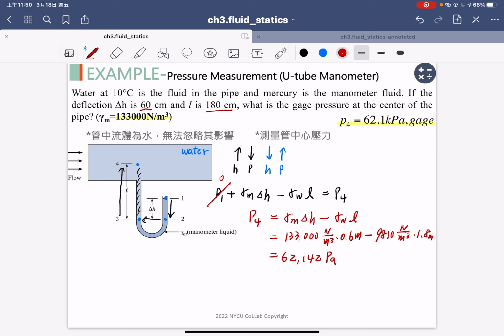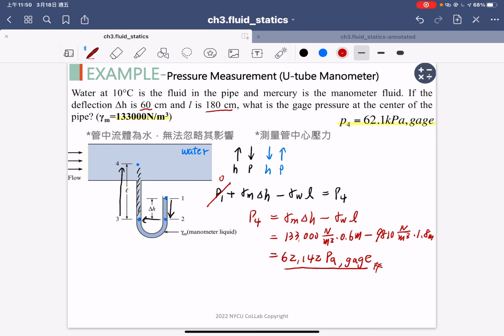And please remember, we calculate the pressure relative to the environment, so the pressure unit is gauge pressure. We usually have problems that require you to answer the pressure, and we compute the gauge pressure, like here.